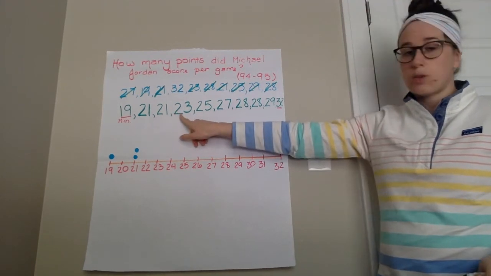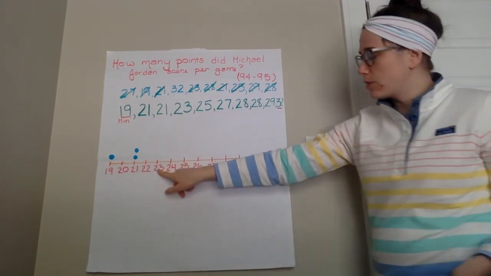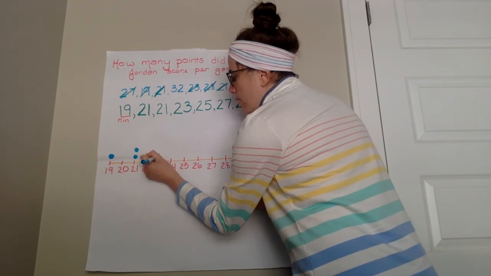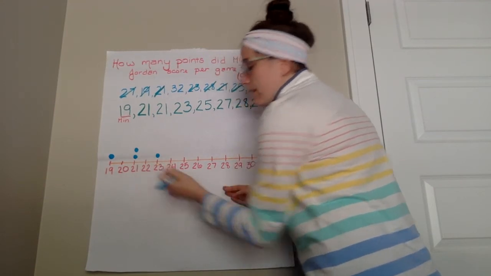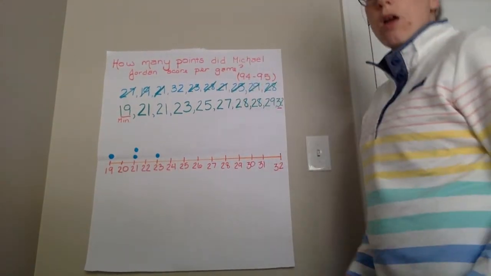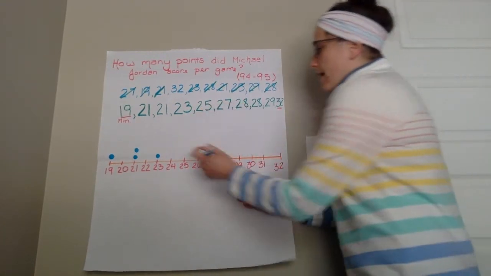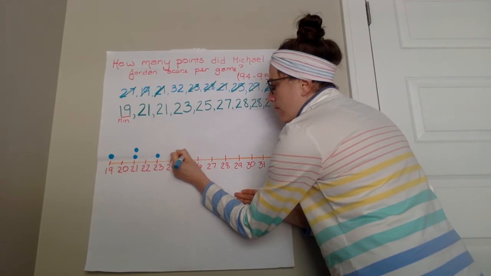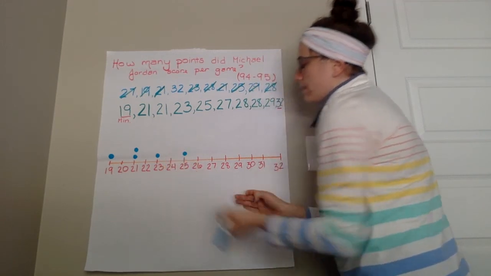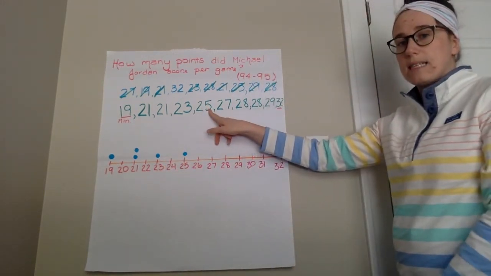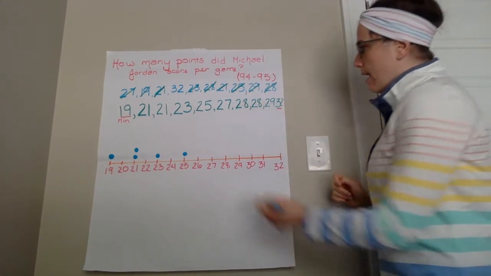Next, a 23. I go to 23, put a dot because there's one game where he scored 23 points. 25. One dot because there's one 25 in my data set. 27.